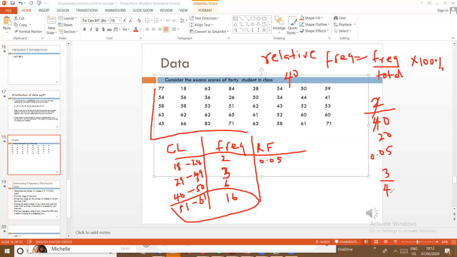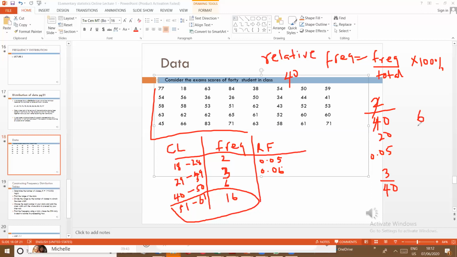Good. For the next one, it's going to be 3 over 40, which is going to be what? 0.075. Can you check that for me? Yeah, 0.075.